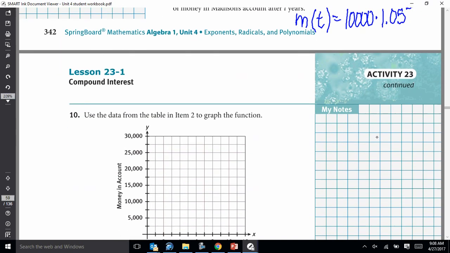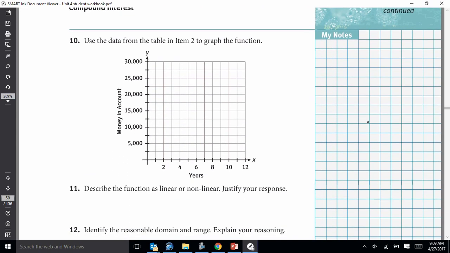All right, so now we're going to graph it. We're going to use the information that we had in our table back at the beginning. So at 0 years, Madison has $10,000. After 1 year, she has 10,500, right? After 2 years, how much money does she have? 11,000.